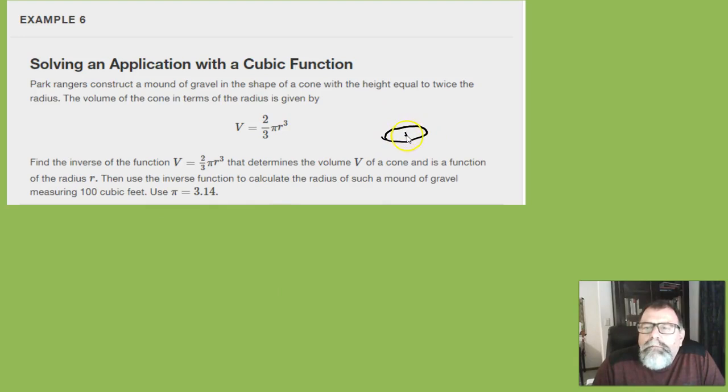Okay, so basically we have this mound of gravel. It's a cone, r, and they said the height is equal to twice the radius, 2r.